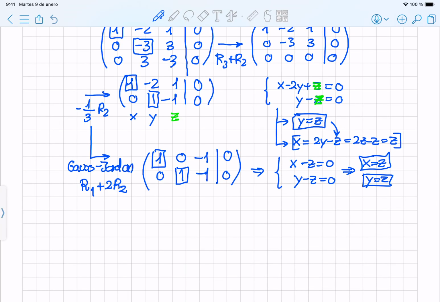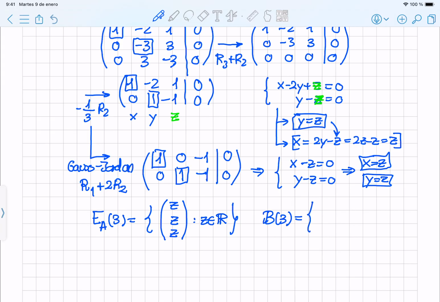The important thing, once we have the vector, is that the subspace associated to 3 is just the set of the vectors where x is theta, y is theta, and z is theta. So this is our set. And as I told you before, in this case, the basis associated to the 3 is just the coefficients of the free variable.